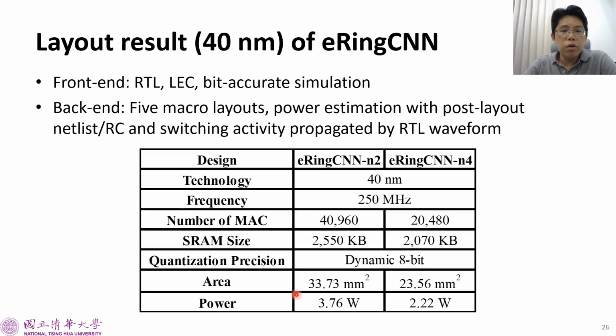Here we show the layout result of RingCNN on 40nm technology. We implement 2 designs, n equals 2 and 4, and the power consumption is about 3.7 and 2.2 watts respectively.